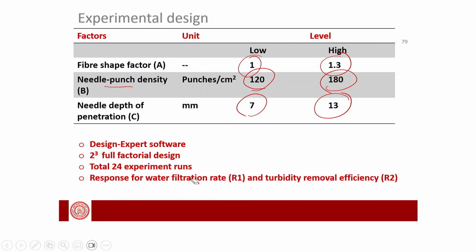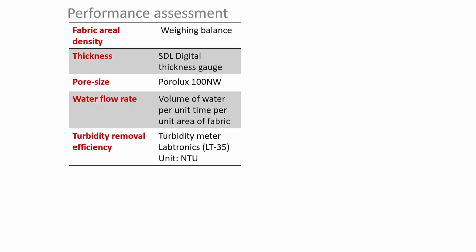Response is there for water filtration rate and turbidity removal efficiency. The two responses, R1 is water filtration rate, how much water flow rate, and turbidity efficiency. Then we have done the performance assessment of fabrics.